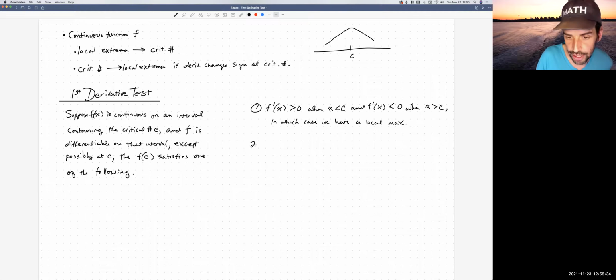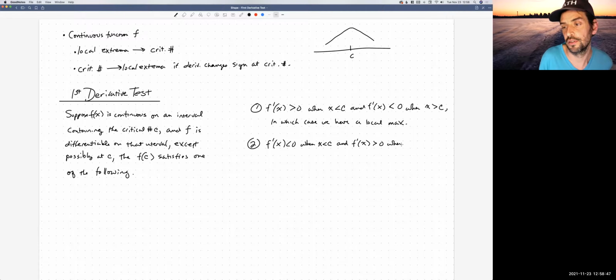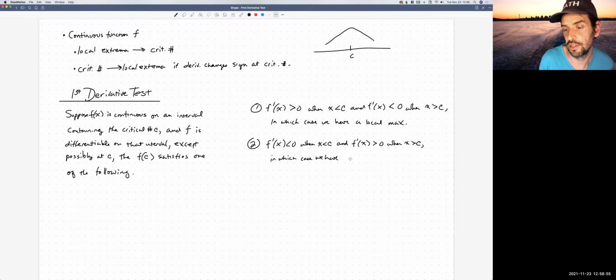We could have the case that f prime of x is negative when x is below c, and f prime of x is positive when x is above c, in which case we have a local min.